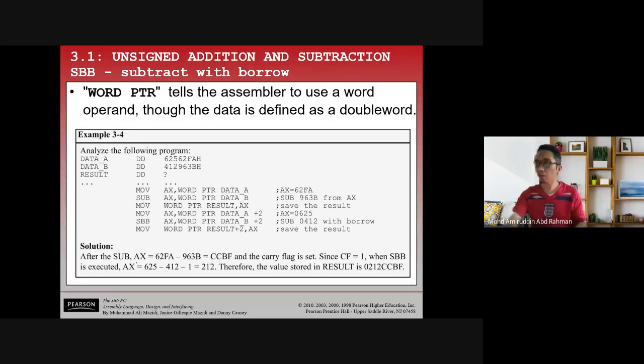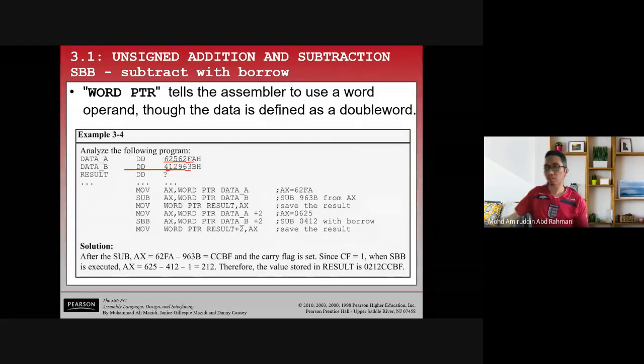Word PTR tells the assembler to use a word operand, though the data is defined as a double word. So it is quite a long number. We have 62562FA, and we have 412963B.